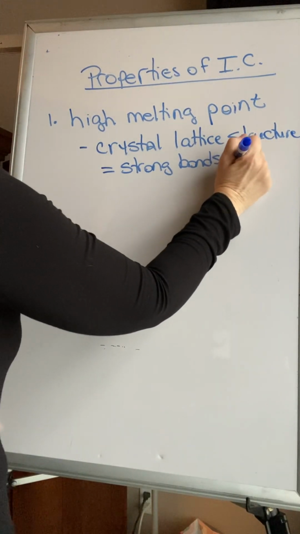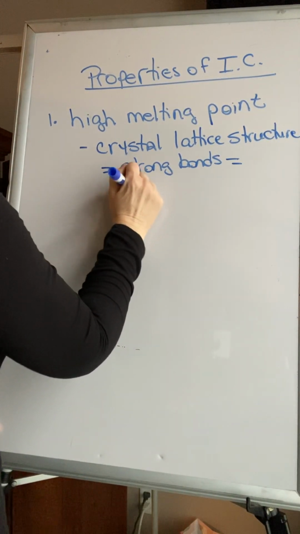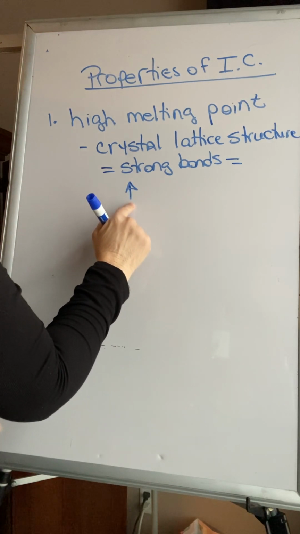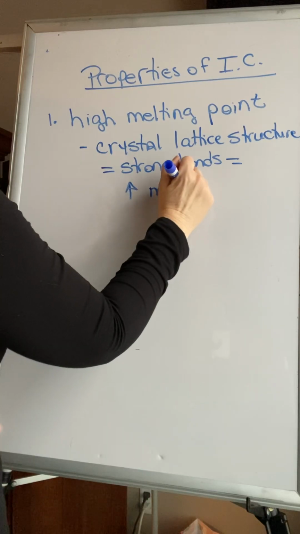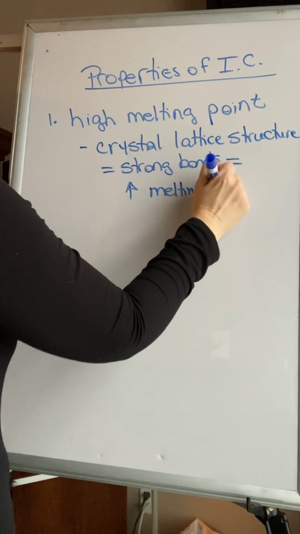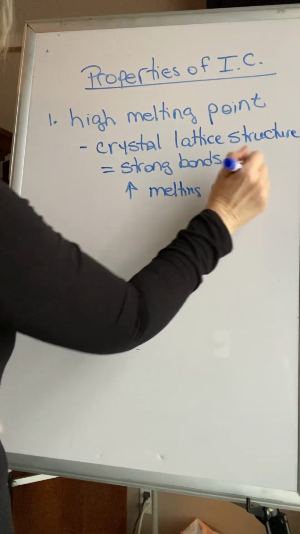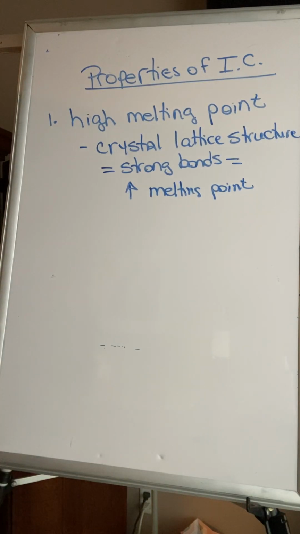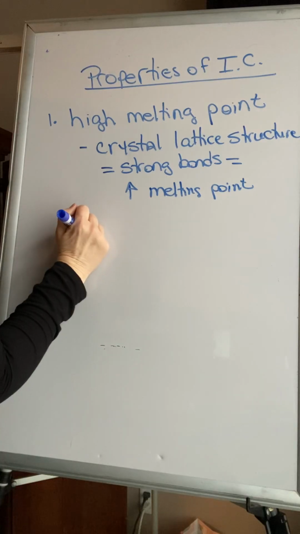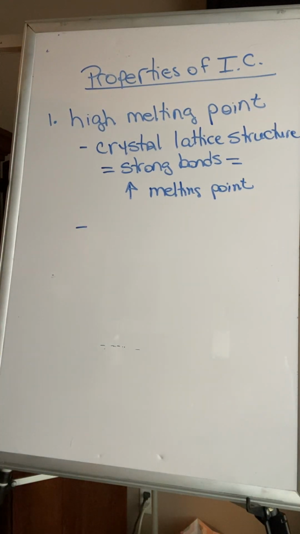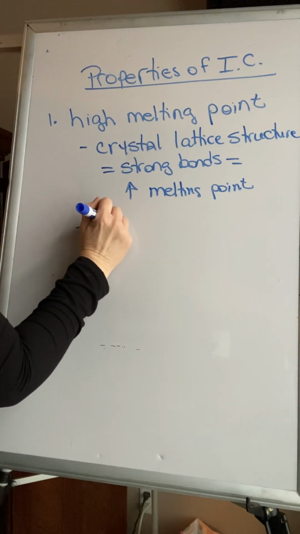So we'll say that the strong bonds result in an increase or high melting point. So if we're talking about the crystal lattice structure and strong bonds, we have to talk about energy as well. So the next thing that we're going to talk about is lattice energy.